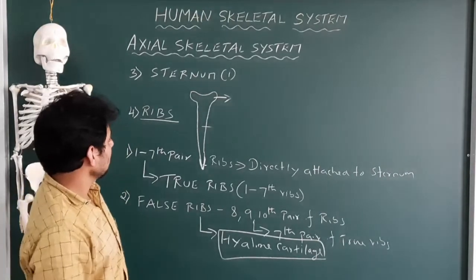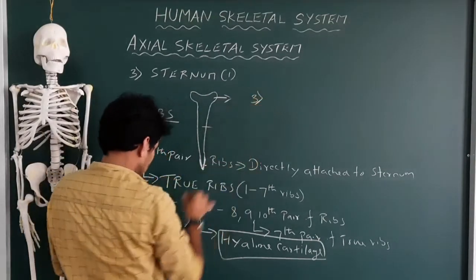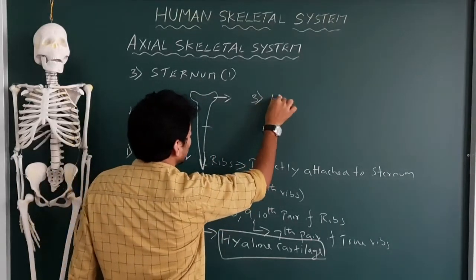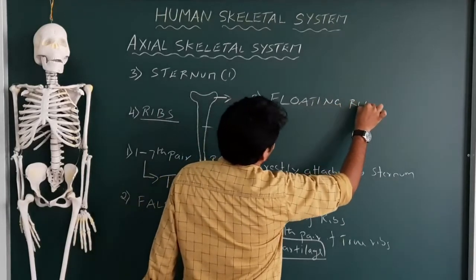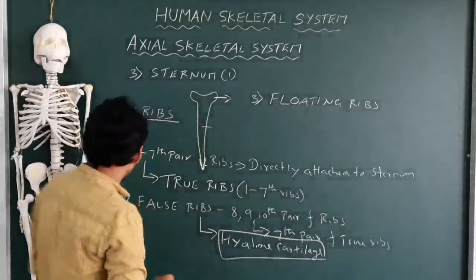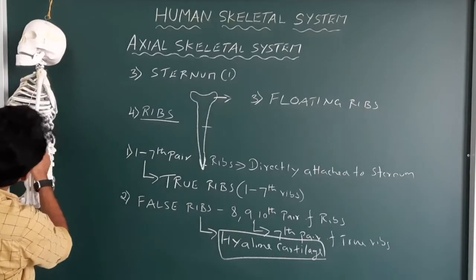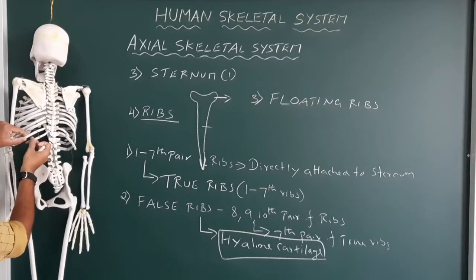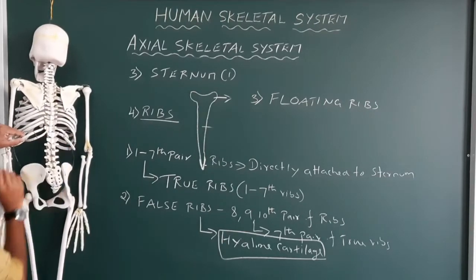Okay, let's go with the next one, our third important structure in the rib. Let me write, they are called floating ribs. What is the meaning of floating ribs? See here, I'll show you. This is the VC, right? This is the 11th and 12th pair of ribs, 11th and 12th on both sides, which are arising from the vertebral column.